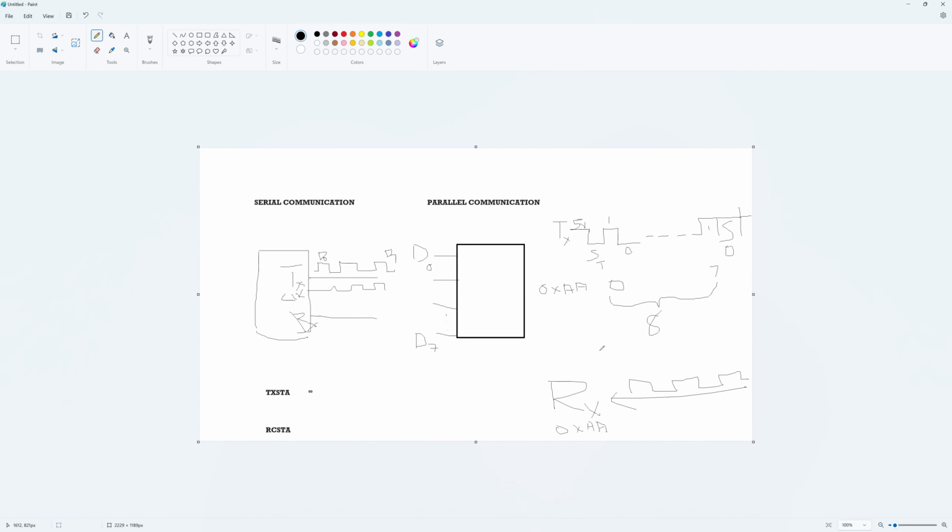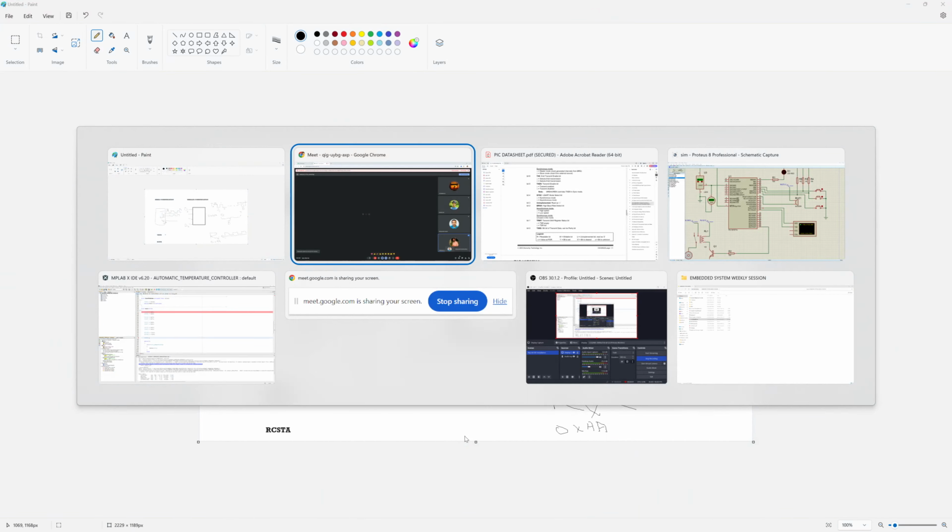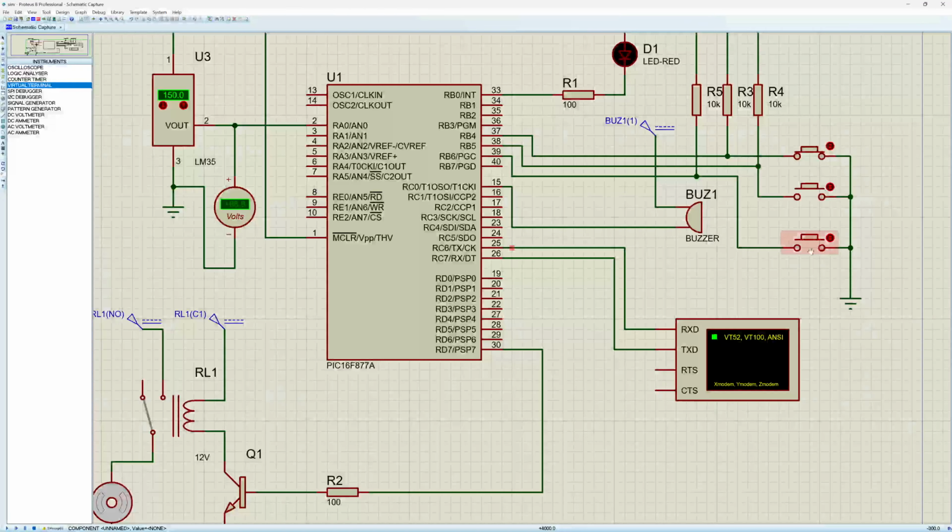That is called baud rate. The transmitter is transmitting data at a known speed, and the speed of the communication is known by the receiver. The receiver already knows that this transmitter pin is transmitting at a speed known to it.